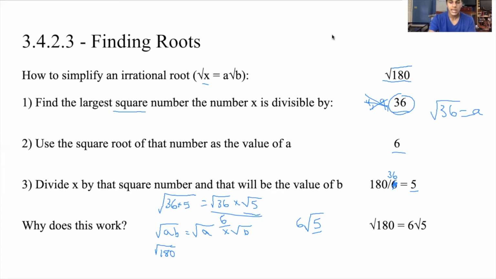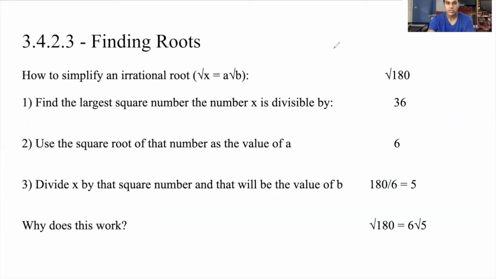Now, the reason that I said this only works for square roots is because I told you to find the largest square number that x is divisible by. Say you're finding the cube root of 54, for example. Then in order to simplify that, you don't want to find the largest square number 54 is divisible by. And that logically makes sense, because we're talking about cubes. You want to find the largest cubic number that 54 is divisible by, which is 27.